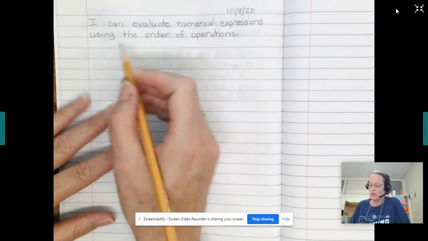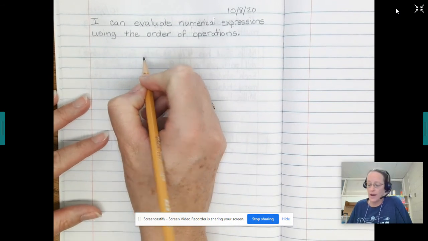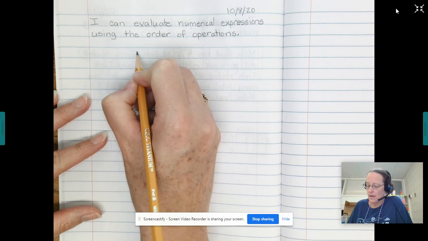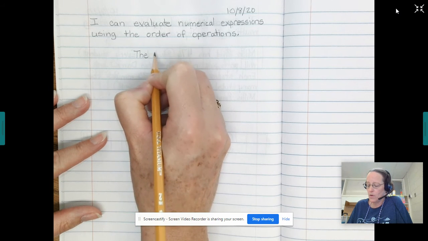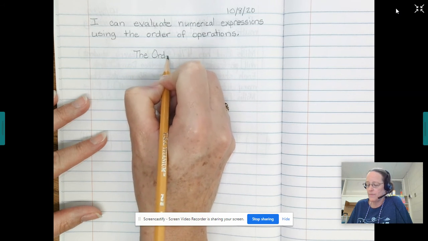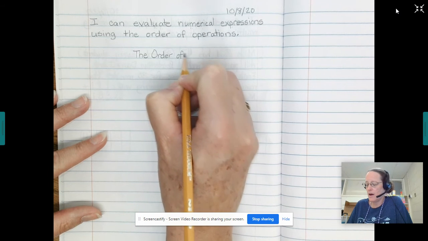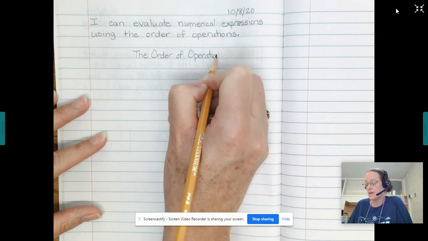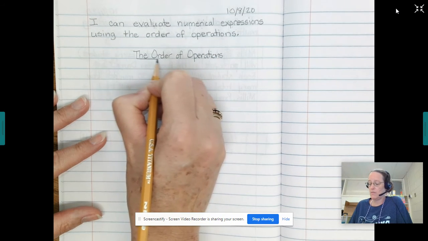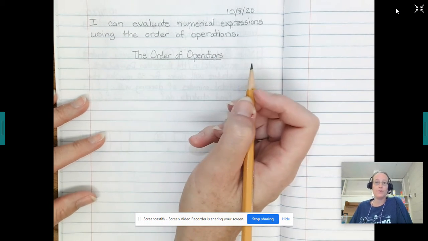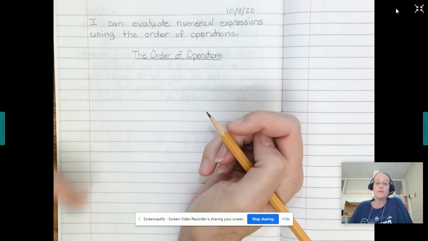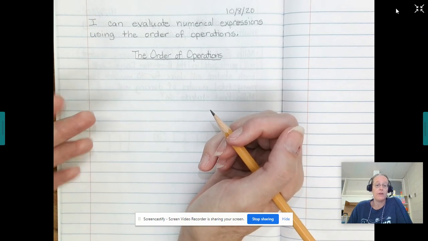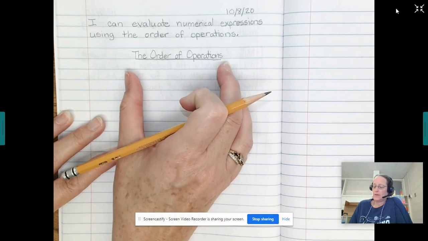Okay, so in your journal, this is what I want you to write: the order of operations. And this is something that you're going to carry with you all the way through middle school, high school, college, forever and ever. So here we go.